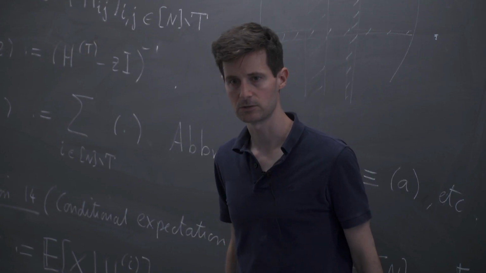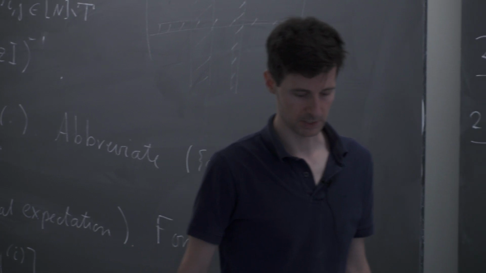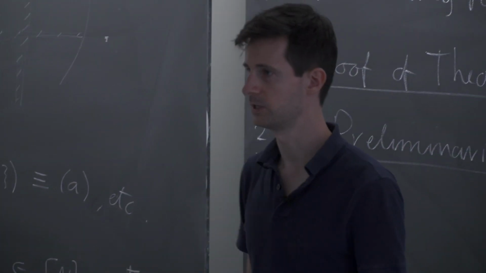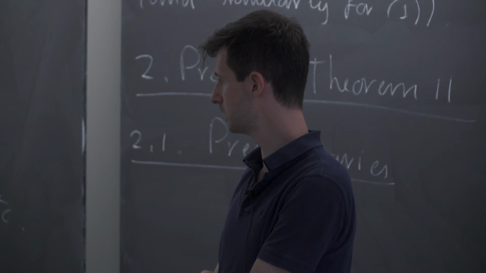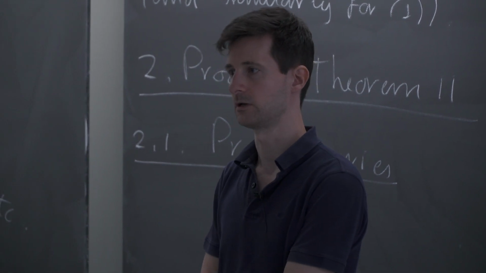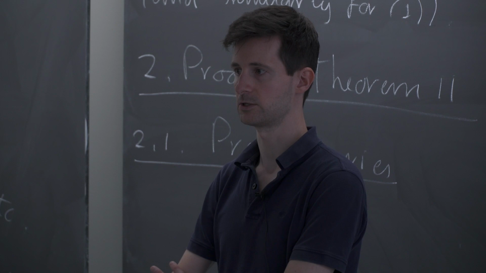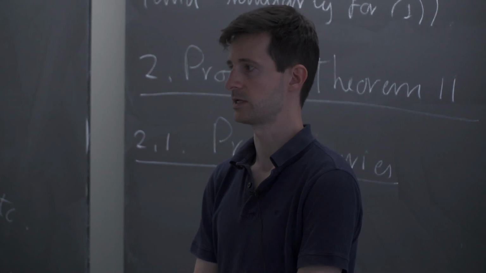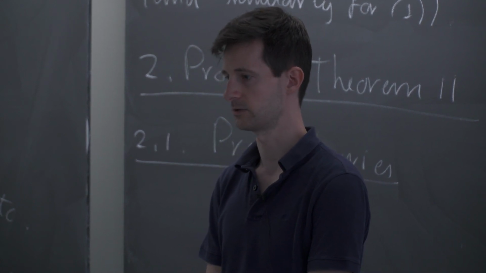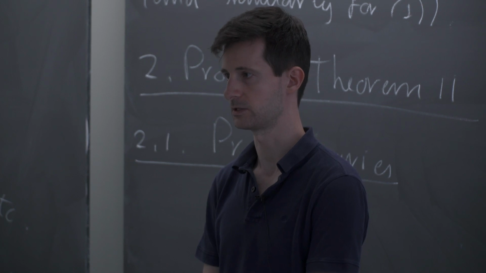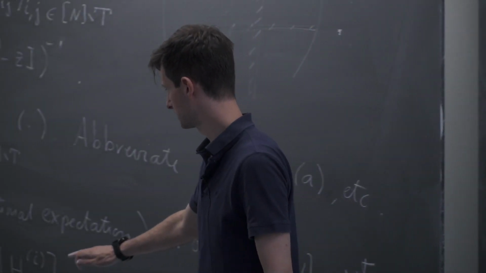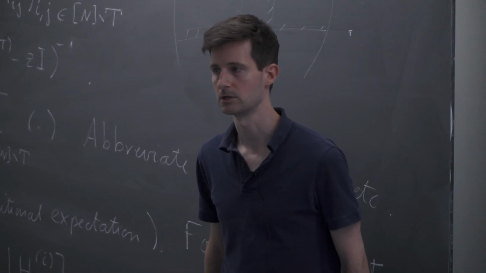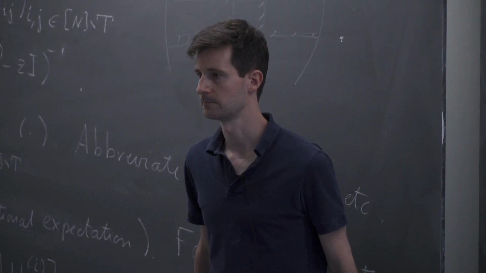If you haven't seen conditional expectations, you can just go to some basic book on probability and read up on it. It's not a very hard thing, but again, we will not need most of the subtle facts about conditional expectations, which is when you're taking conditional expectations with respect to events of measure 0 and so on. This is all much more sophisticated. This is the most basic notion of conditional expectation, and that's going to be sufficient for us.